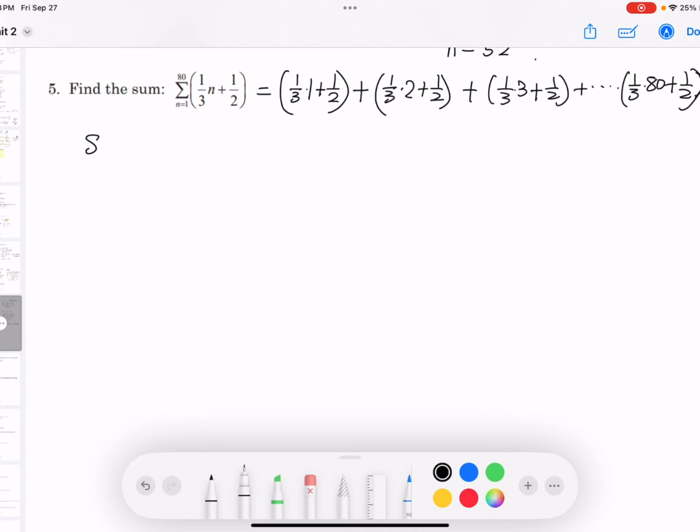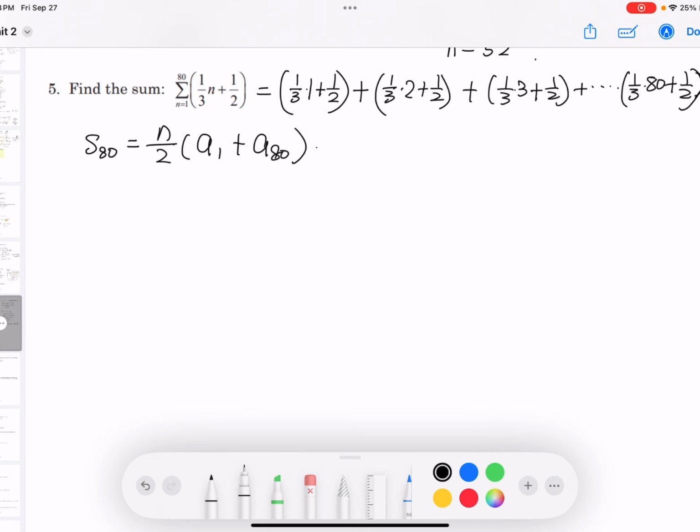So we are looking for S sub 80. If this is an arithmetic sequence, I can say S sub 80 is equal to n over 2 times a sub 1 plus a sub 80.